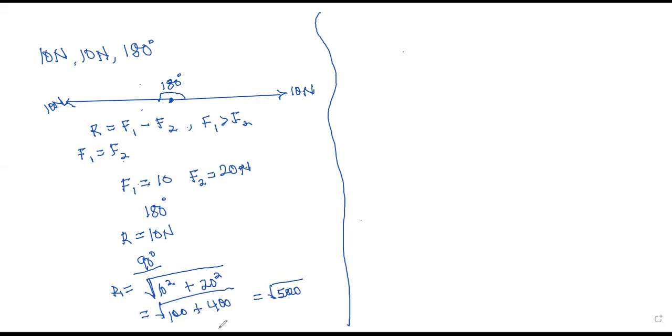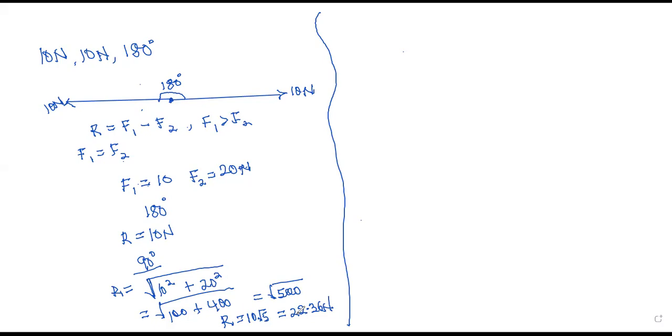What's the square root of 500? 10 root 5. What is 10 root 5? 22.36 Newton. So if it's 90, that's the answer.